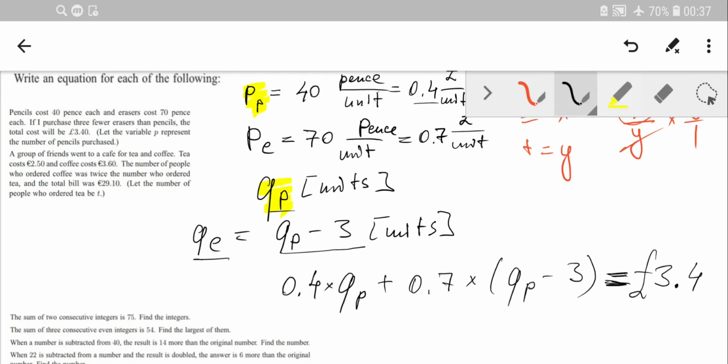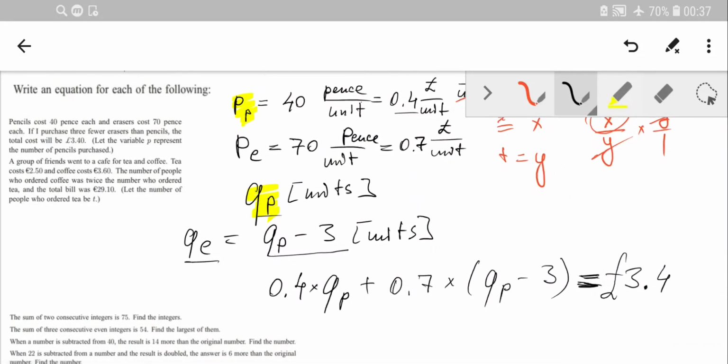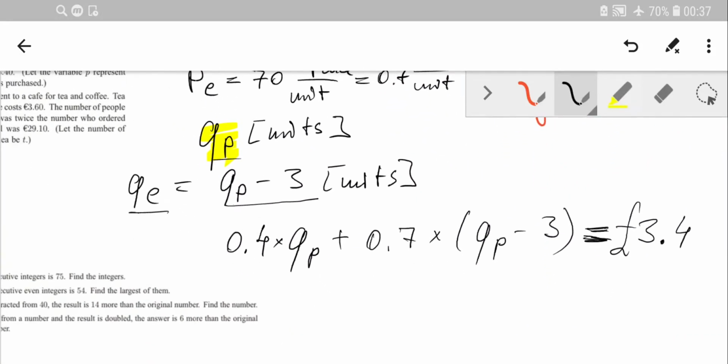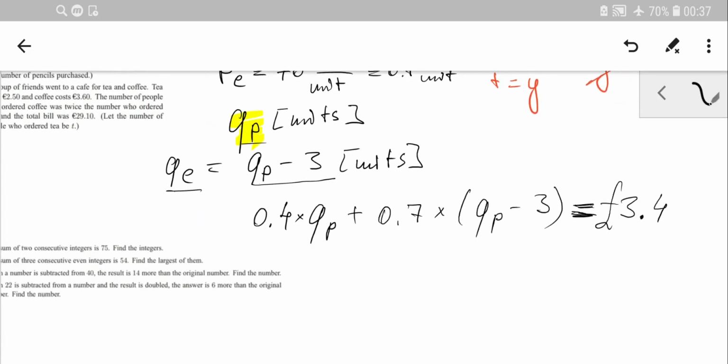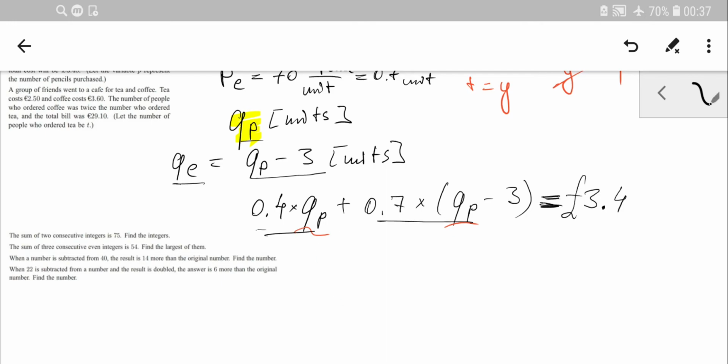So we need to solve that. We actually write just an equation for the problem, but we'll solve it here. The variable that we're looking for is the quantity of pencils. So we expand the brackets and simplify.